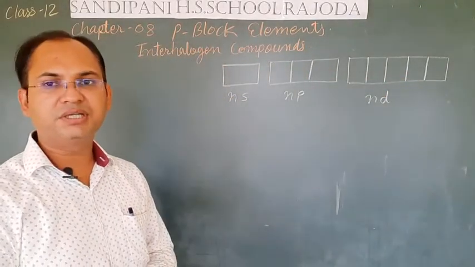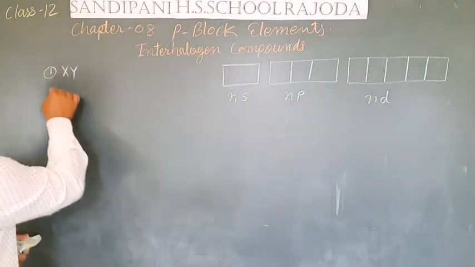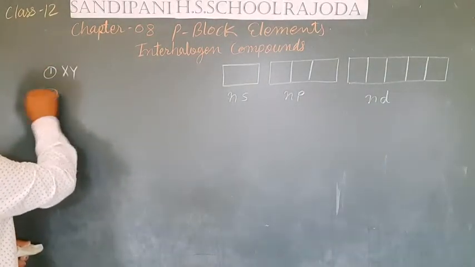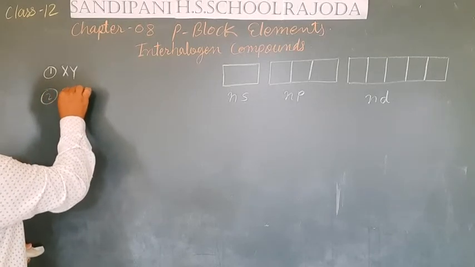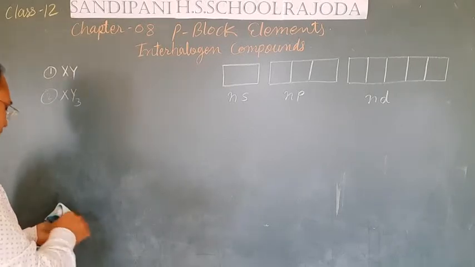Now we will see, students, the example of the structure of the second type of interhalogen compounds, that is the XY3 type of interhalogen compounds.